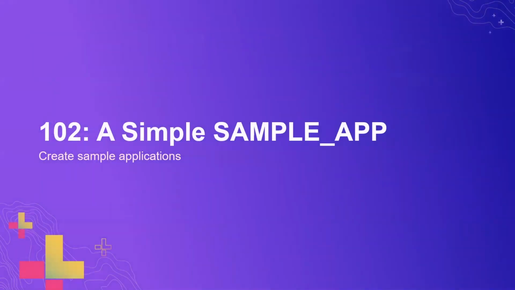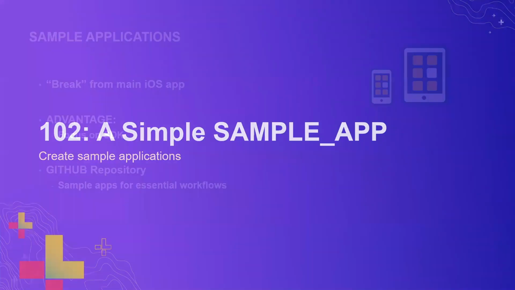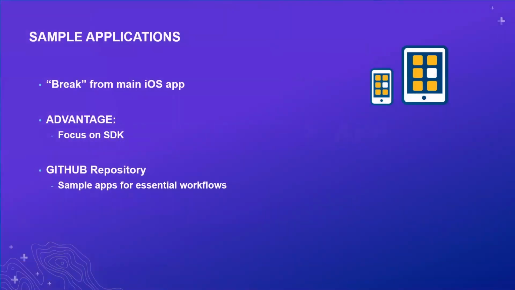The next module helps most of the time to narrow down the issue, thus proving the principle we discussed before. If it is getting difficult to troubleshoot a problem through our main application, we can always create a small application focusing just on the Runtime SDK's workflow and then troubleshoot it. This will give you a break from the main iOS application.